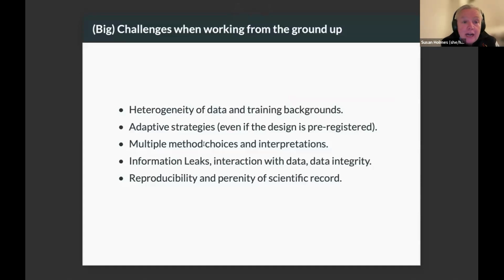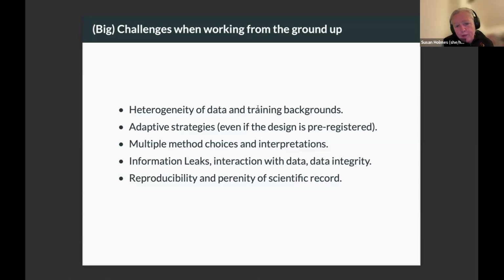So here are the challenges, I would say, when I work from the data upwards. So we work what I call ground up. We start with the data and then we work to the model. And the data are very heterogeneous. And the other thing that is very heterogeneous, which is very different, is the training background of the different people in the class.